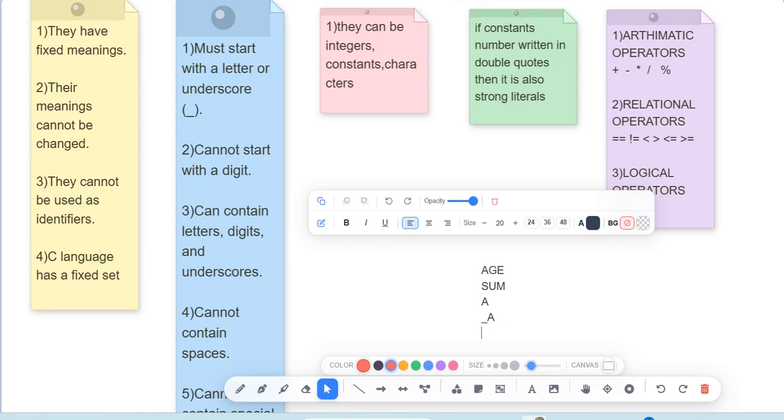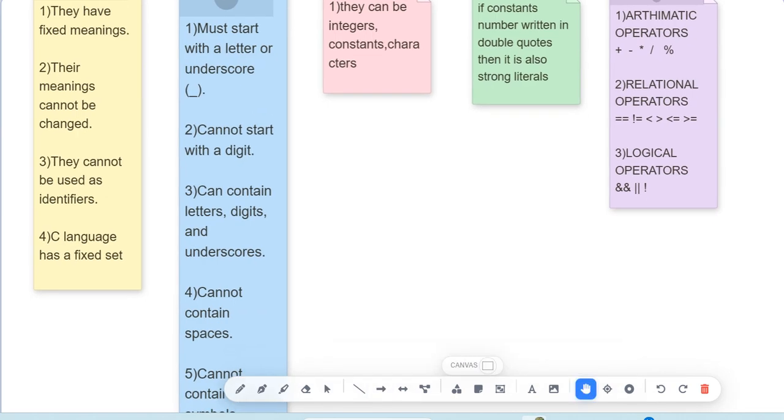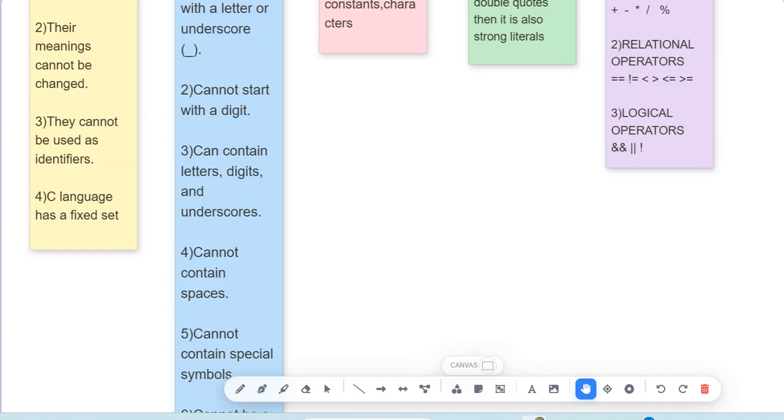I think you guys understand that. The next important thing is that it can't be started with digits, and normally an identifier name should contain only letters, digits, and underscore. It can't contain any spaces.